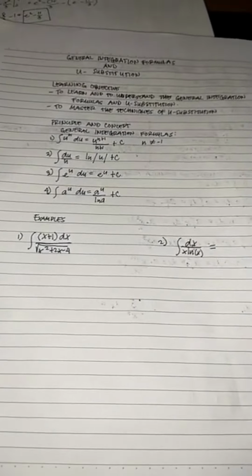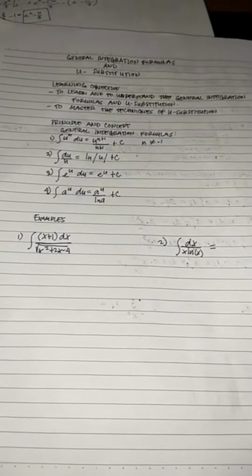So first, let's find the u and the du of this problem. Let u be x squared plus 2x minus 4.